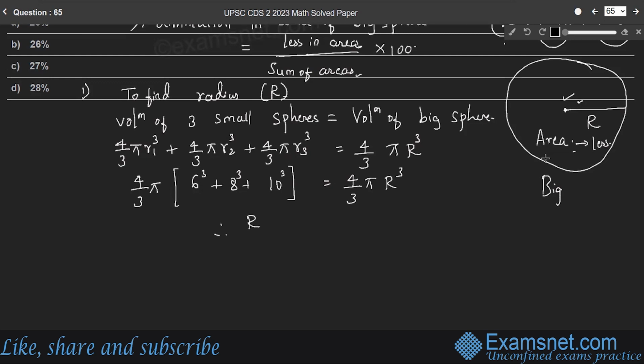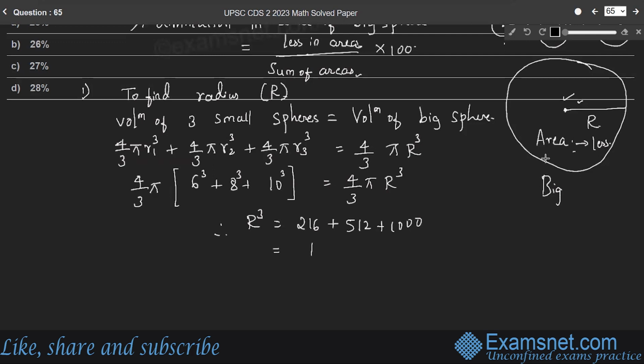Therefore R cube is equal to 6 cube, which is 216, plus cube of 8, which is 64 into 8, so 512, and cube of 10 is 1000.